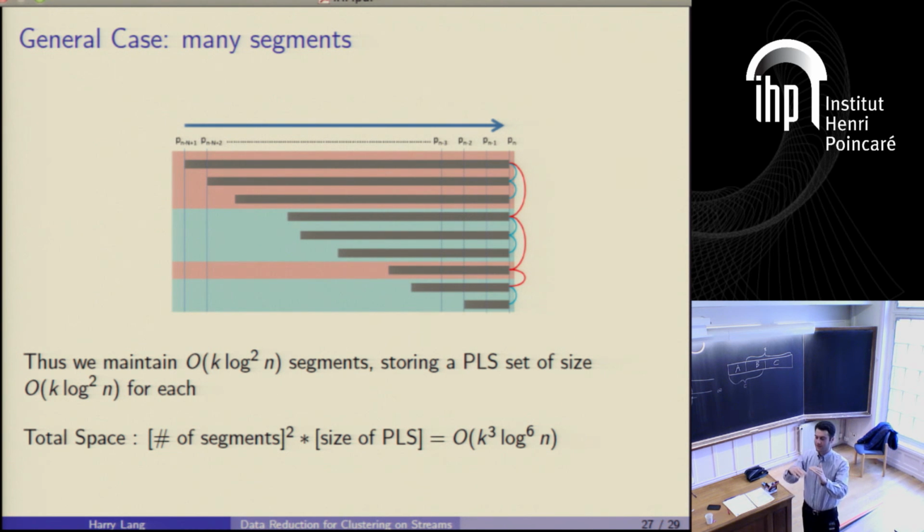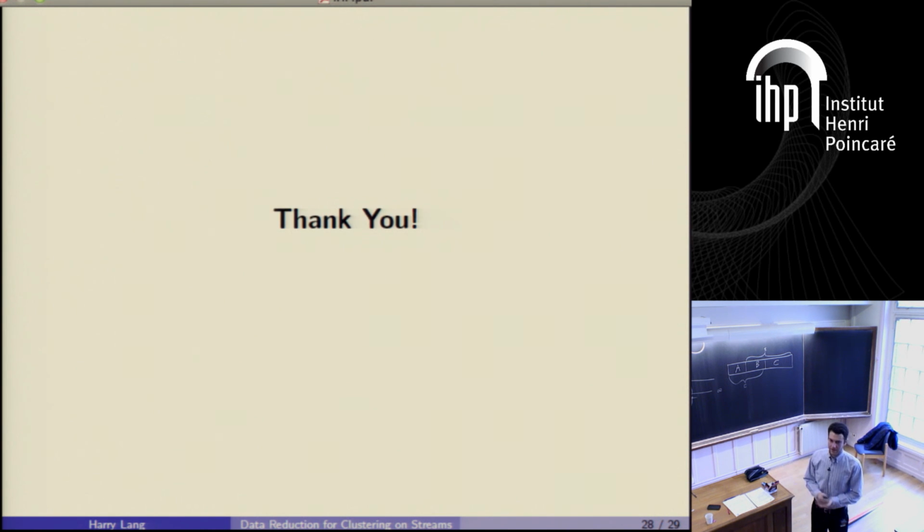Because if they are, we can delete all the ones in between them. Because after 2 bars satisfy the condition, they're similar, we can delete everything in between. So that's how we maintain the number of segments to be order of k log squared n. And that's it. I have some open questions later after.